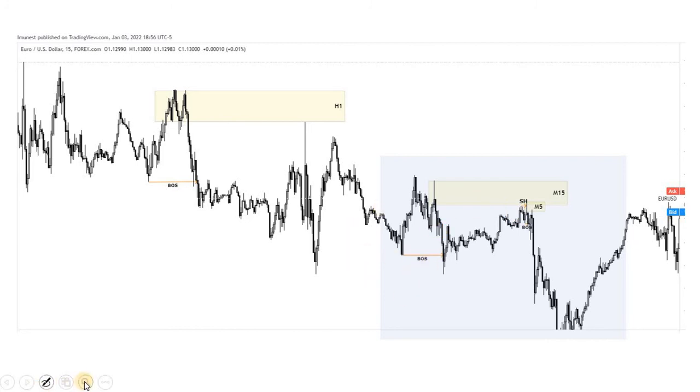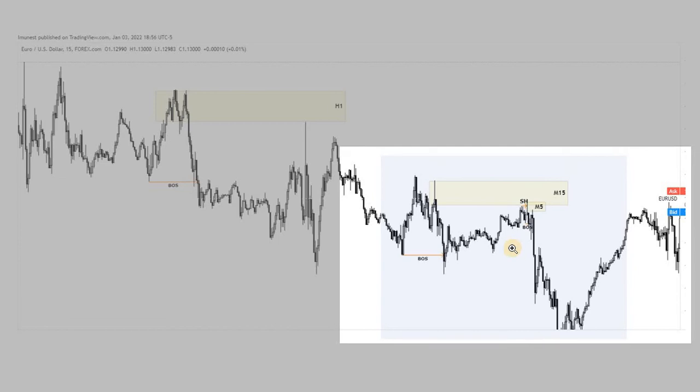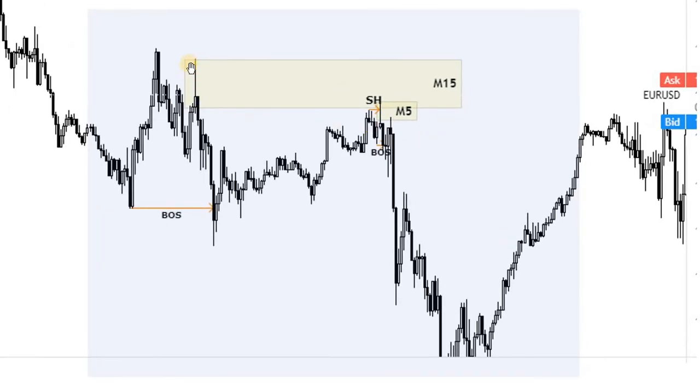In this case, we have a 15 minutes order block, which is generally a supply zone. We have this break of structure here, and we expect price to do what? To come back to the zone to mitigate the order block. So you can see these bearish candles.